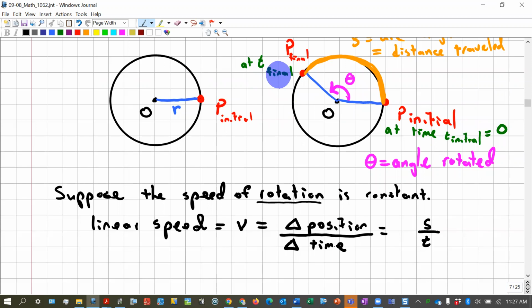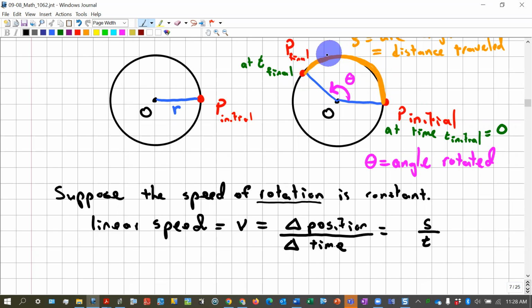So we can just call it time. Likewise, when time is 0, the arc length is 0. The initial distance that this point traveled is 0 units. And then after a certain amount of time, we end up there.